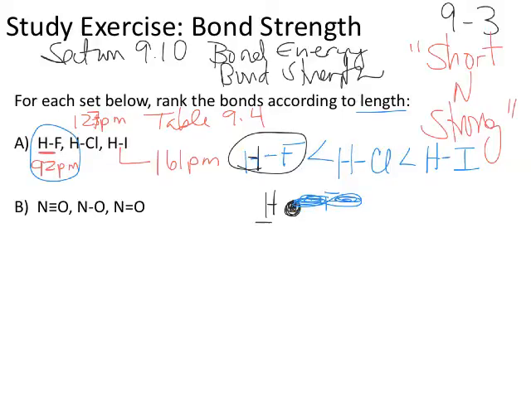And what's nice about this bond, you're going to get more overlap with these orbitals because they're similar in shape. Okay, fluorine is on n equals 2, and hydrogen is n equals 1 energy shell. And that kind of gives you an idea as well of the size of those orbitals.